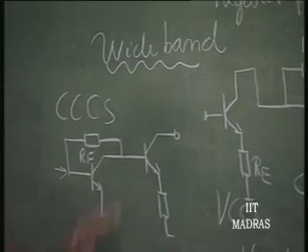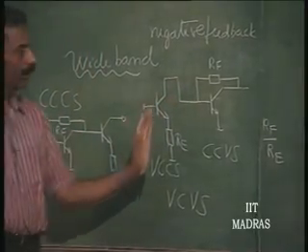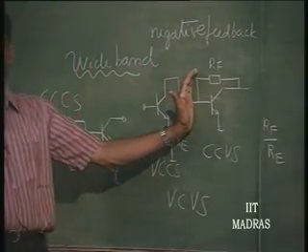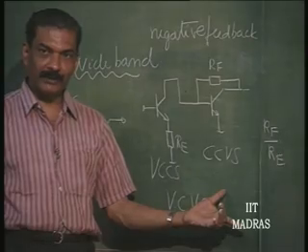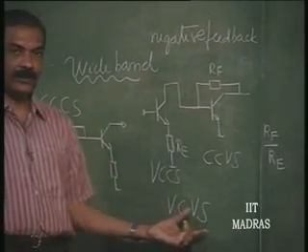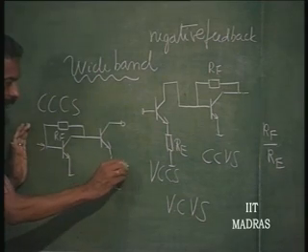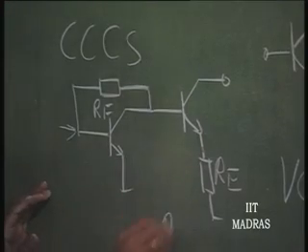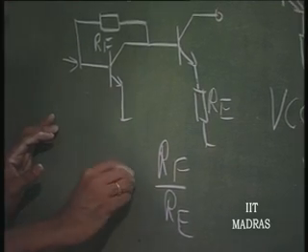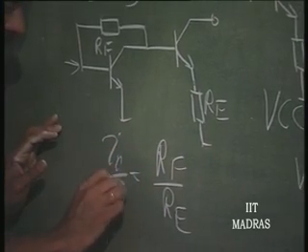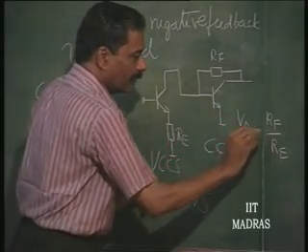So, you have this individual thing acting as the voltage controlled current source, and this individual thing acting as a current controlled voltage source, and these cascaded together also is a wideband structure which is voltage controlled voltage source. These two cascaded together will again give you a gain of RF by RE for the current, I naught by I here, this is V naught by V I.